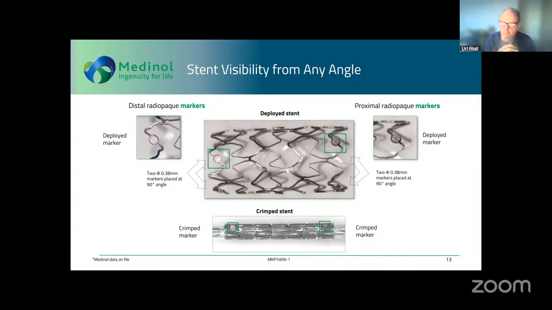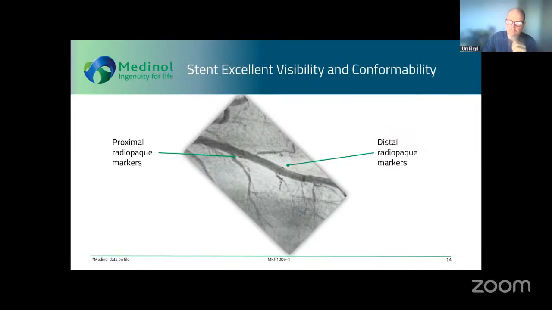So what we did was add two RadioPAC markers in the distal and proximal ends of the stent, and we placed them at 90 degrees angulation. The 90 degrees is there to make sure that no matter the C-arm angulation, you will at least see one of the markers. Here is an example where you can actually see the four markers in the distal and proximal ends of the stent.